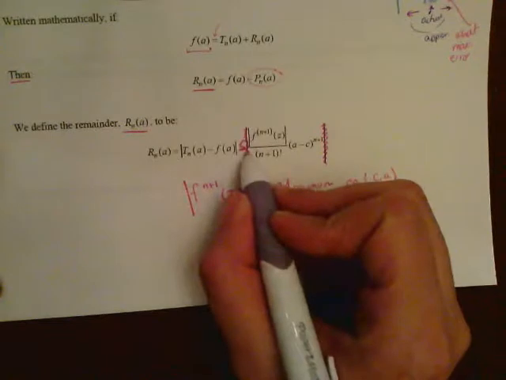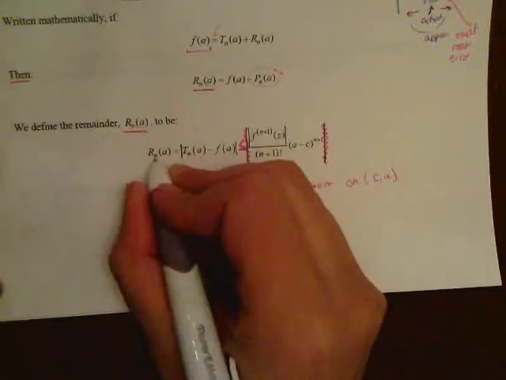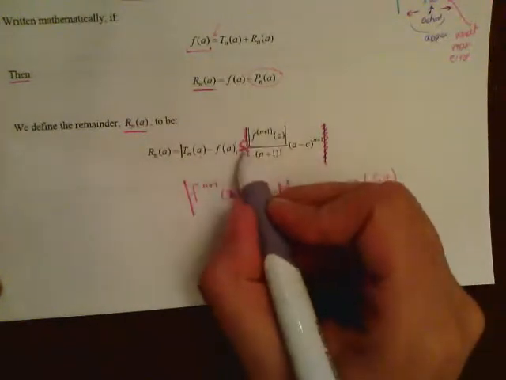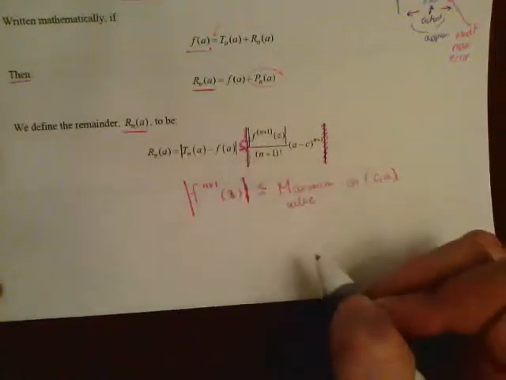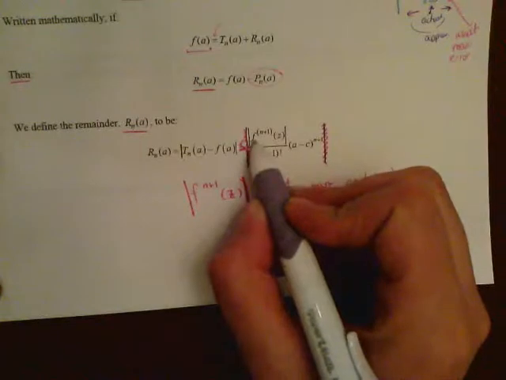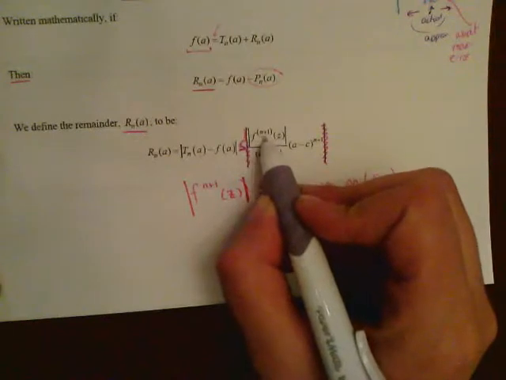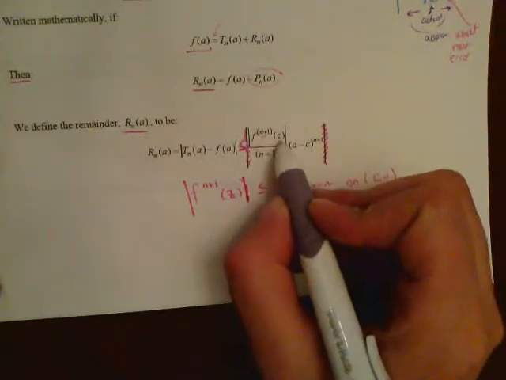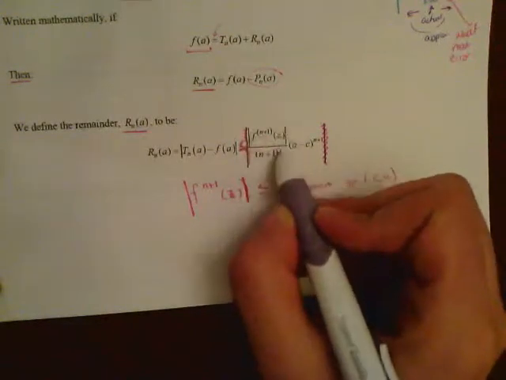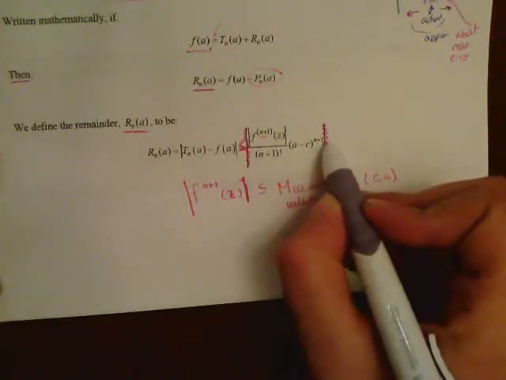And that means that the remainder must be less than or equal to, you have to change that if you download these notes, the absolute value of the derivative n plus 1, depending on which degree we're dealing with, of a point z, over n plus 1 factorial times a minus c to the n plus 1.